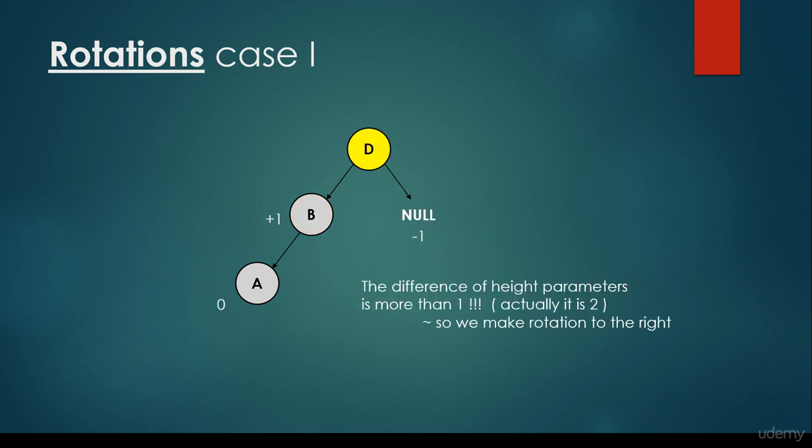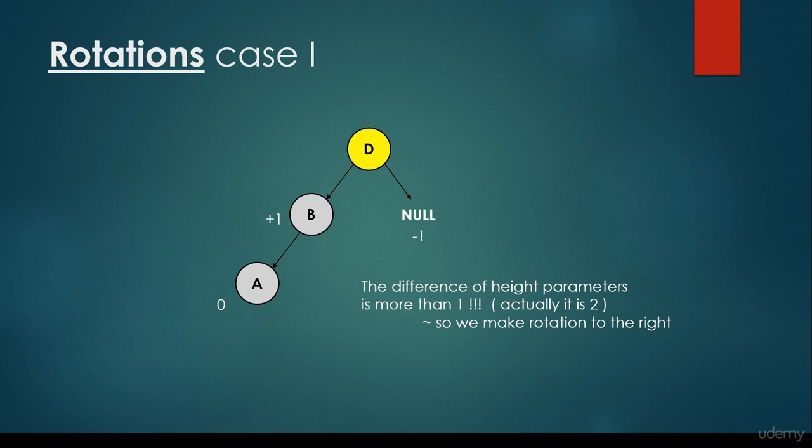What about the root node? We know that the A is a leaf node. It has a height parameter 0. The B has a height parameter 1 because we just have to increment the node A height parameter. And we know that the right child of D is a null pointer, so it has the height parameter -1.